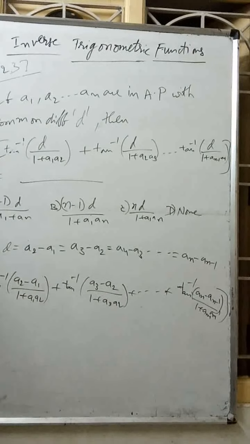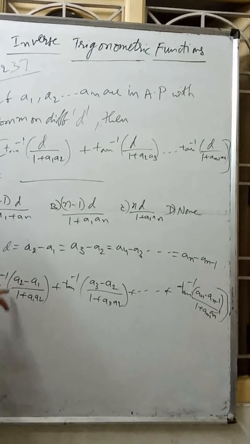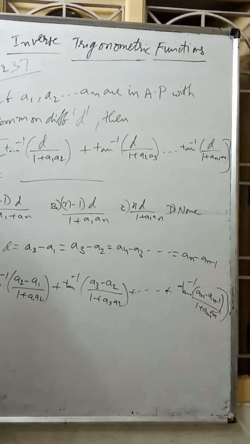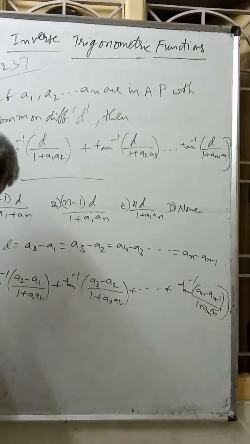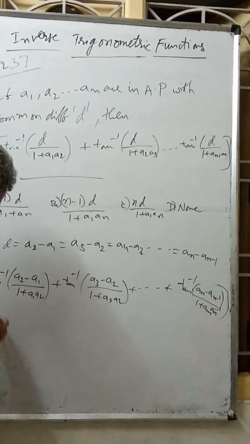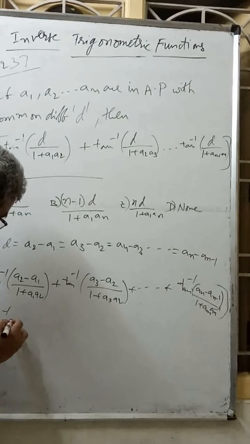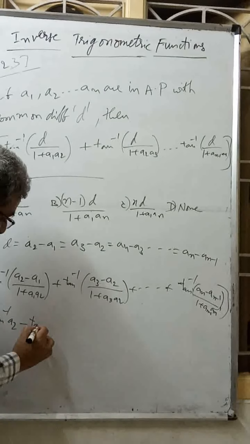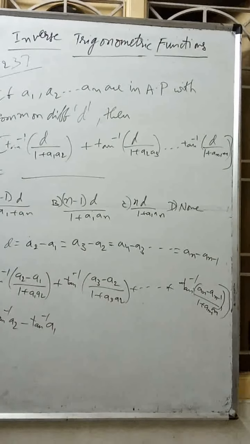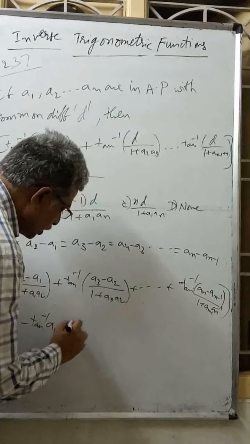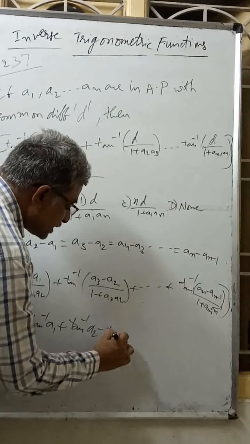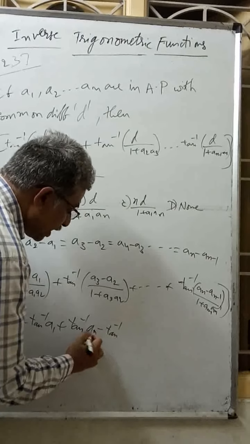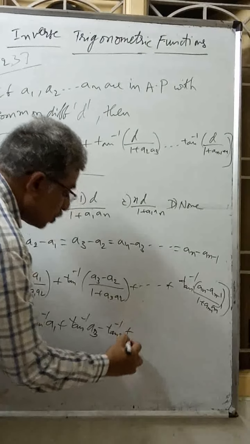Okay. Now if you observe, tan inverse of (x minus y) by (1 plus xy) means tan inverse x minus tan inverse y, split into two parts. So tan of tan inverse a2 minus tan inverse a1, I can write, plus this also, tan inverse a3 minus tan inverse a2, and so on.